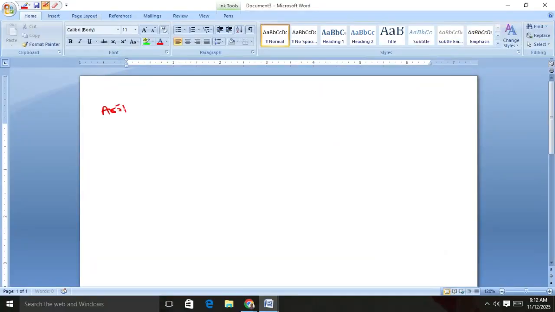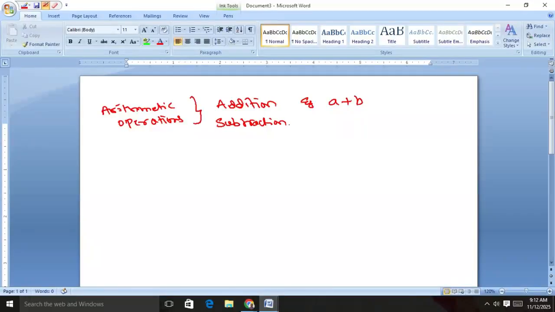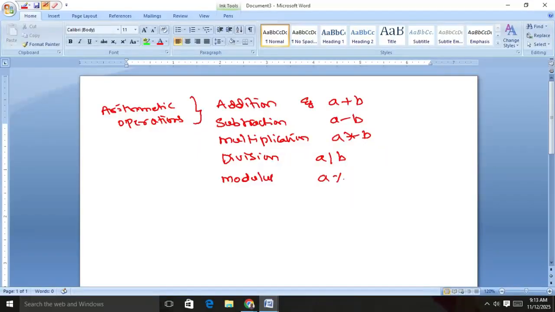The arithmetic operations are addition, for example a plus b, subtraction, a minus b, multiplication, a asterisk b, division, a slash b, and the modulus operation, that is a modulus b.